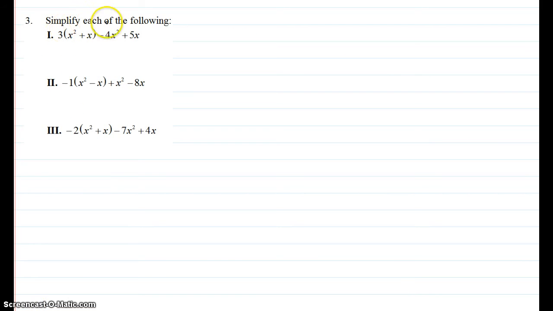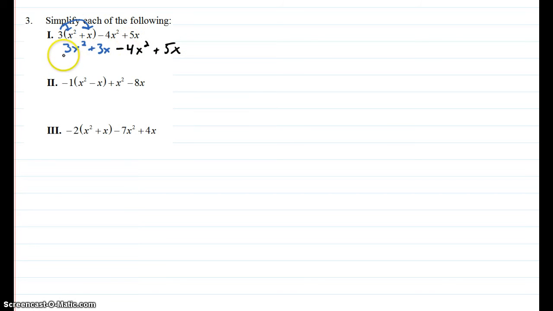Alright, number 3, simplify each of the following. We'll start with the first one. We need to take the 3 and distribute it in. So we get a 3x squared plus 3x. Now the 3 only multiplies by what's inside the parentheses. So now we're just going to rewrite the minus 4x squared plus 5x.